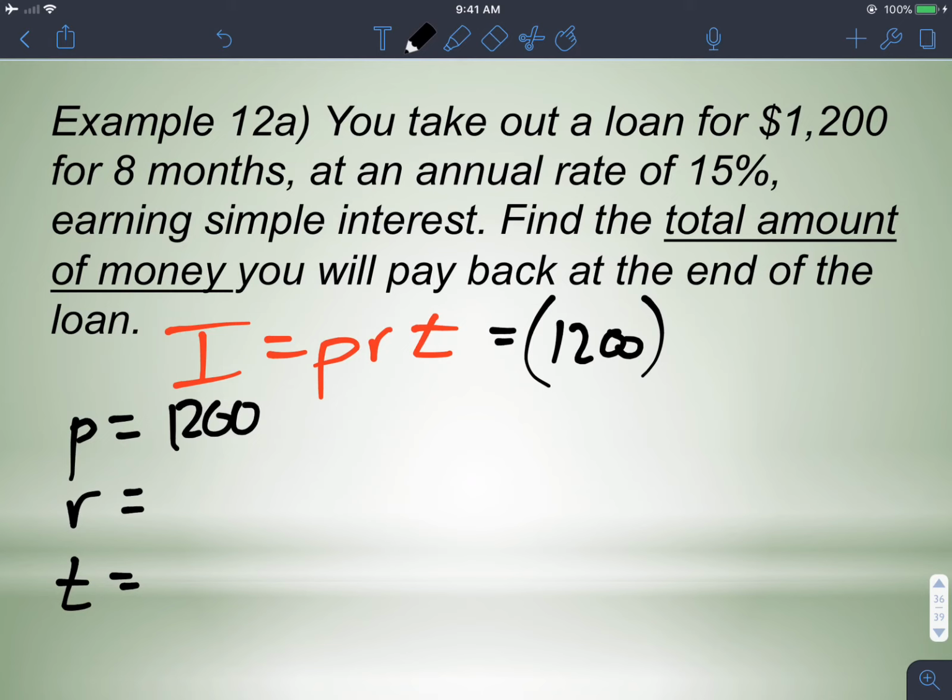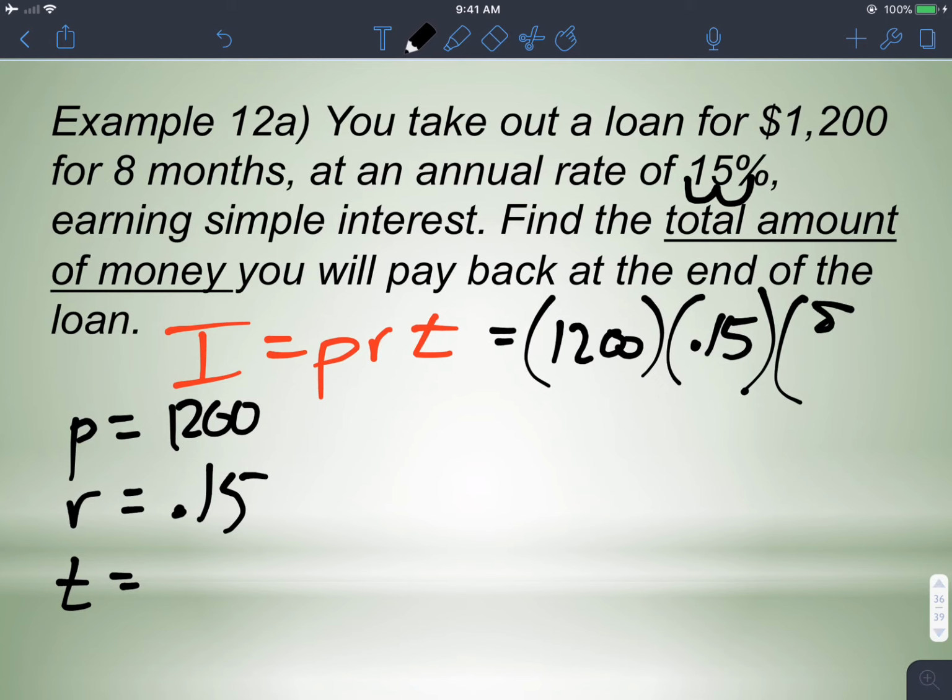But don't write it as 15%, write it as a decimal. So divide it by 100, move the decimal place over twice. 0.15. How many months? Okay, hopefully you came up with 120.